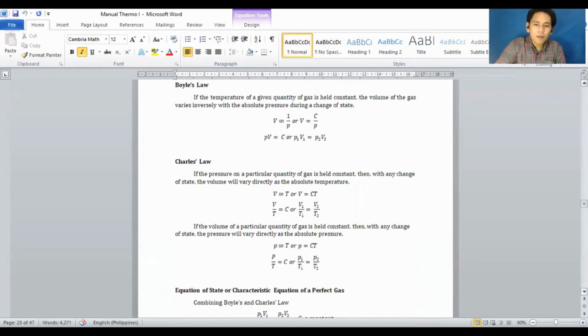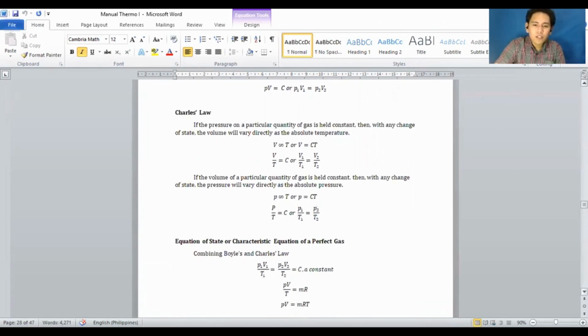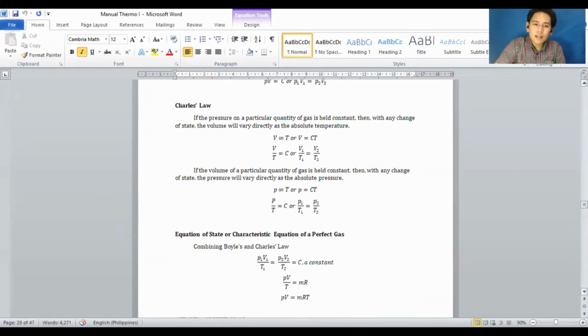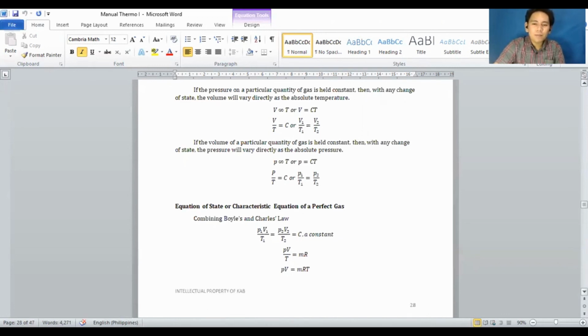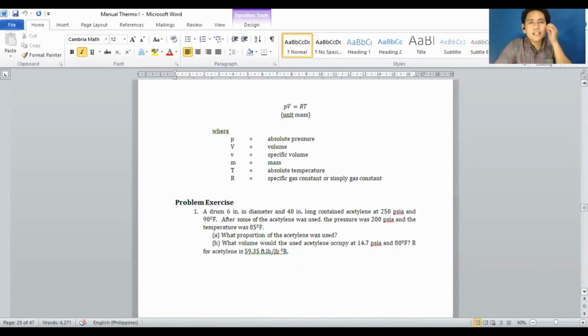Upon combining Boyle's Law and Charles' Law, we have your perfect gas equation. Upon simplifying the combination, we yield the perfect gas equation PV equals MRT. Your PV equals MRT is very important, or let's say that is your general equation for the whole problem.